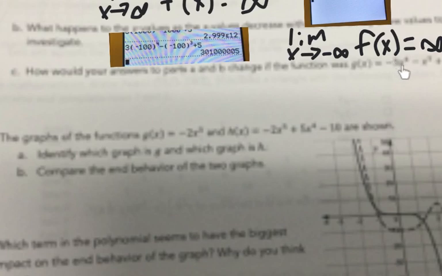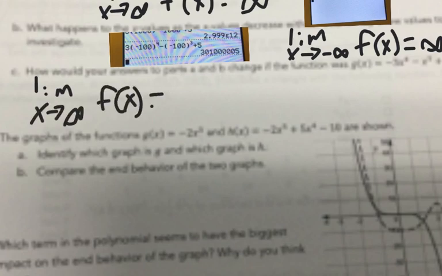If I plugged in a very positive x, positive raised to the fourth is positive, but then times negative 3 would be negative. So as the x's got really big, this term would become negative. Because, again, think about what's happened. There's been a reflection over the x-axis, right? So we're changing the signs of the y. So the limit as x approached positive infinity, the y's went to negative infinity.